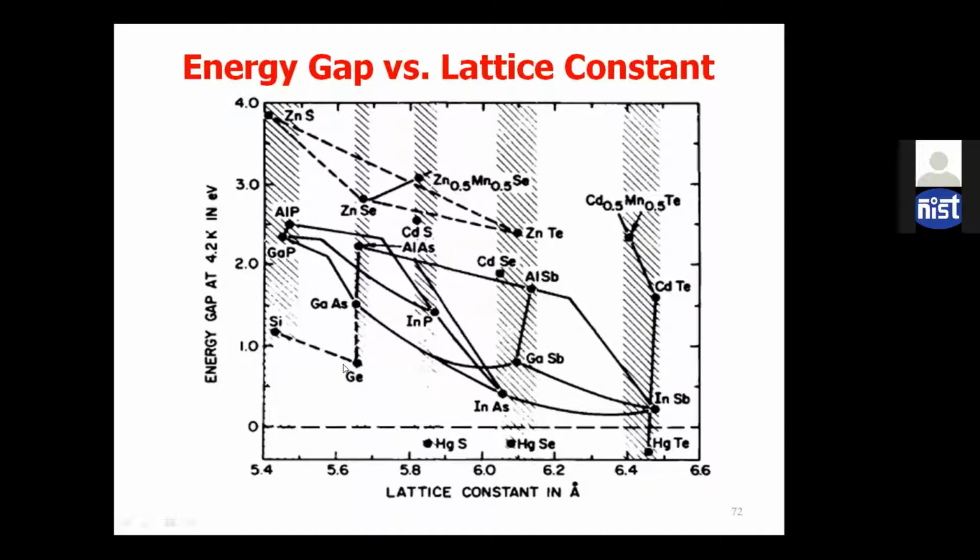When you go for band engineering, first you should analyze the lattice constant of that particular material and its corresponding energy. From this data, you can judge whether it will be lattice matched or lattice mismatched. If lattice mismatched, no problem, you can go for the strain. That means you calculate the band gap by taking the strain effect.